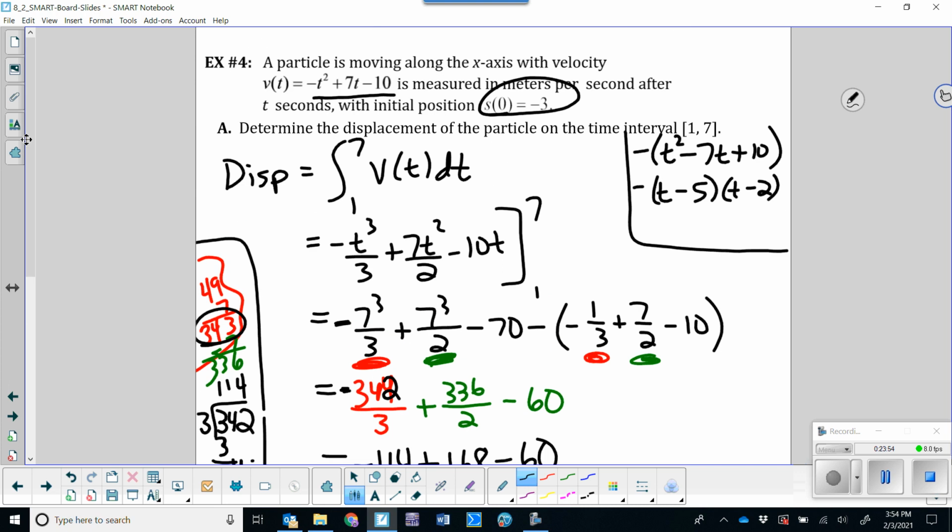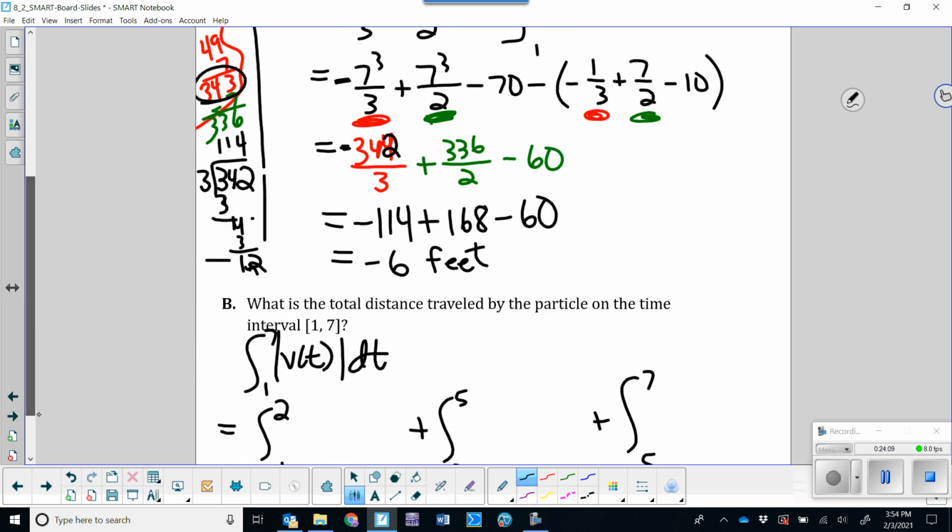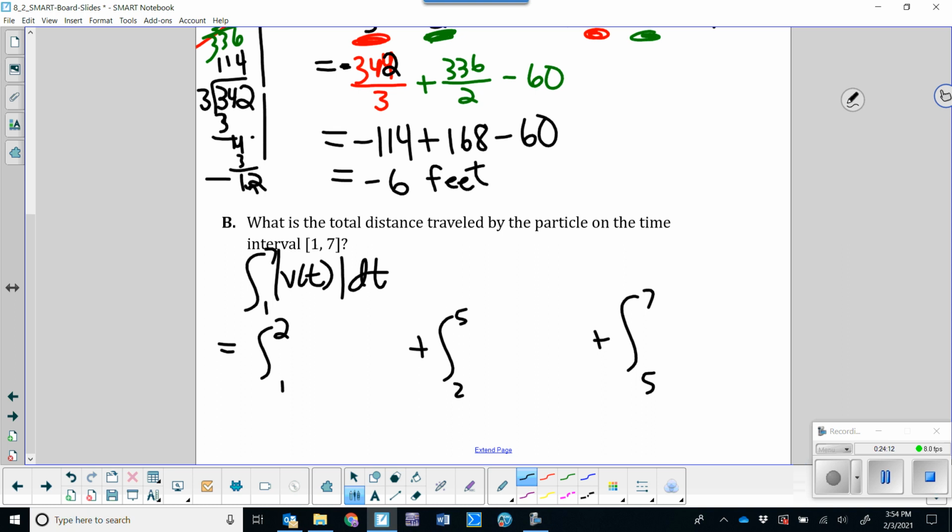So from 1 to 2, we know that if we plug in 1 here, we're going to have negative, negative, negative. So from 1 to 2, it's negative. So from 1 to 2, I have to do the opposite of minus t squared plus 7t minus 10 dt.